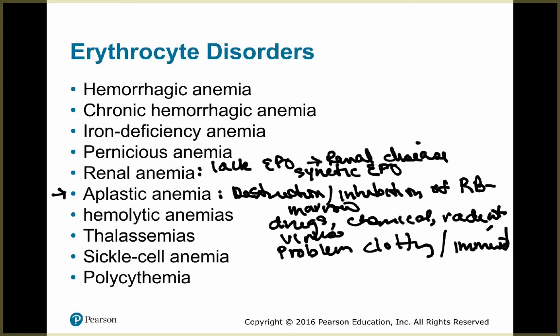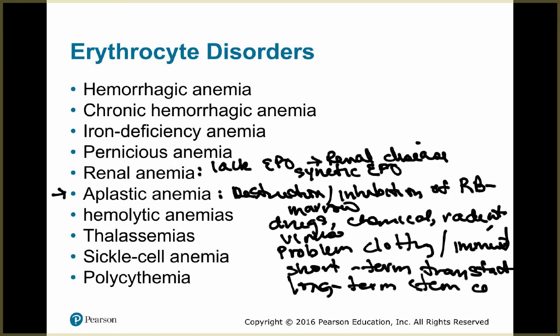If you're having problems making all formed elements, that means you're having problems making thrombocytes, which are important for clotting, and leukocytes, which are important for immune functions. So it's going to be a problem all the way around. With this one, you can help with short-term transfusions, and long-term, you're going to want to do stem cell therapy.